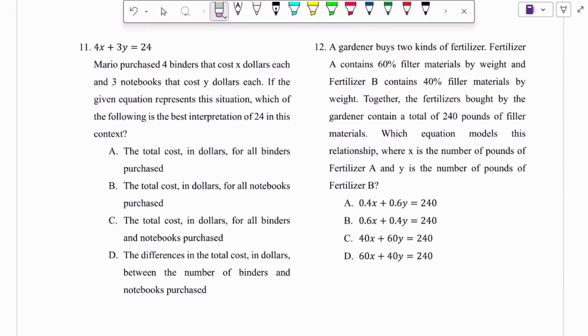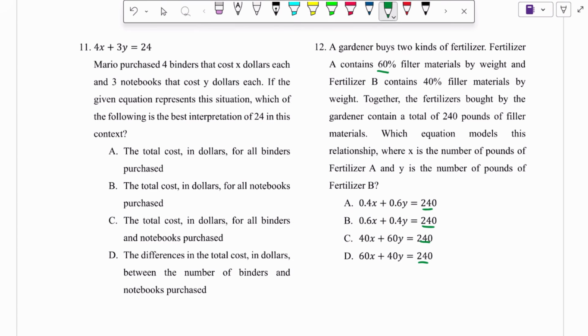One contains 60% filler materials by weight, and fertilizer B contains 40% filler materials by weight. Together, they bought 240 pounds. If I'm looking at my answer choices, everything's 240. Which equation models this relationship where x is fertilizer A and y is fertilizer B?